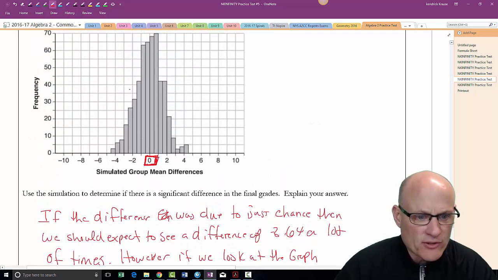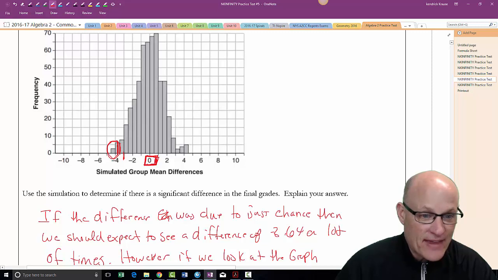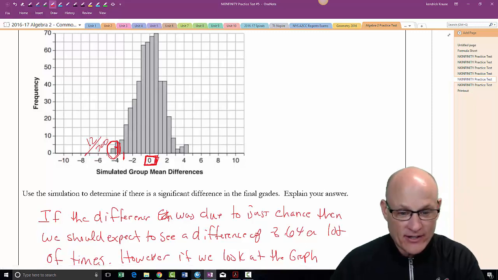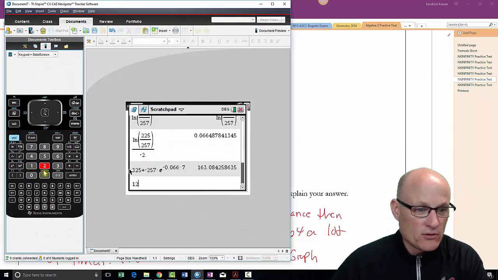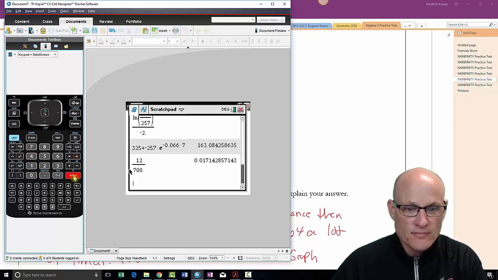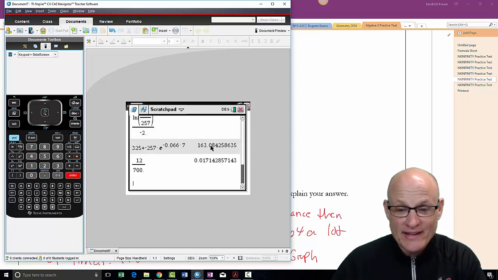Where is negative 3.64? Here's negative 3. Here's negative 3.5. So here's negative 3.64. It only occurs in this little bit. How many is that? That's 5, and let's go with half of that, so 5 and maybe 7. So 12 times out of 700. 12 divided by 700 is about 2% of the time.